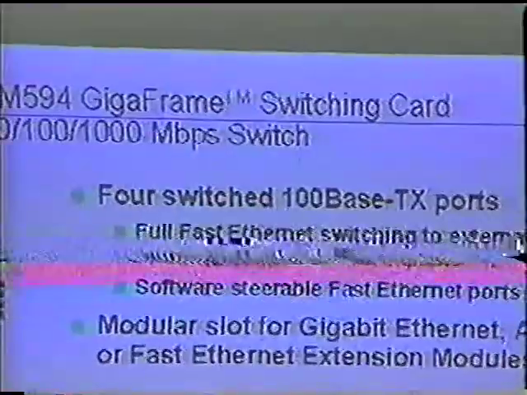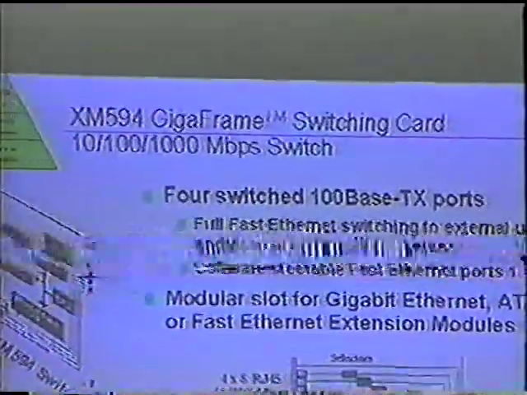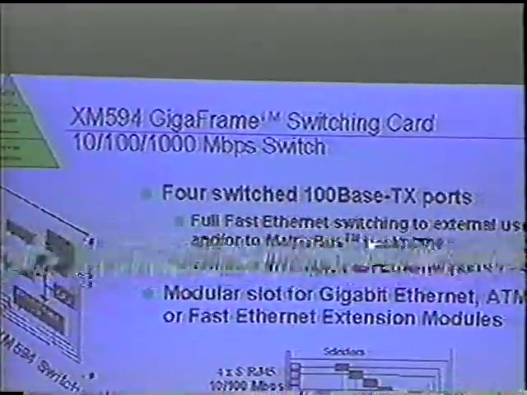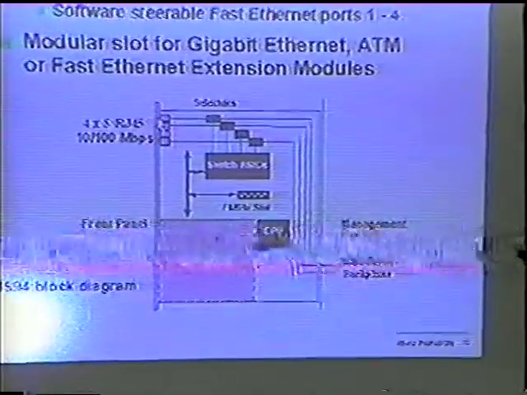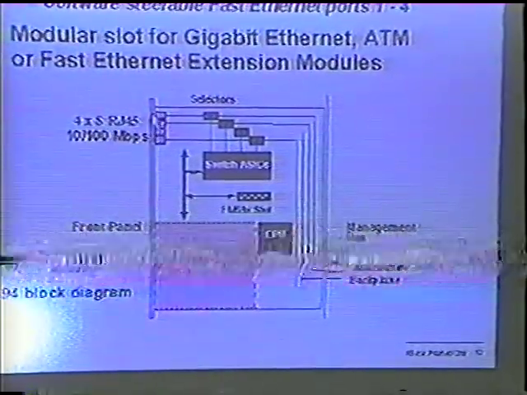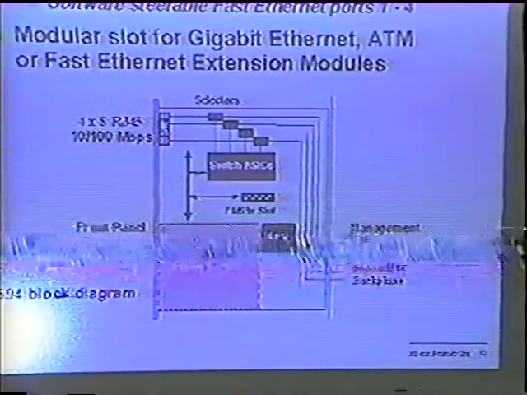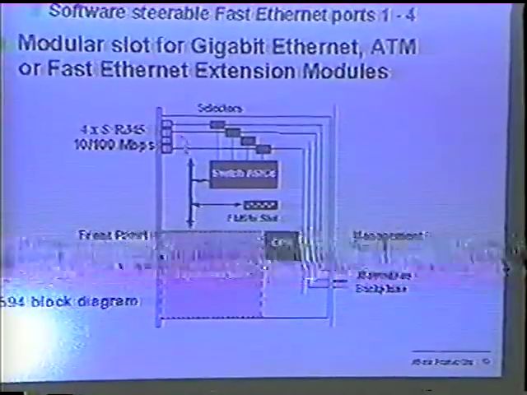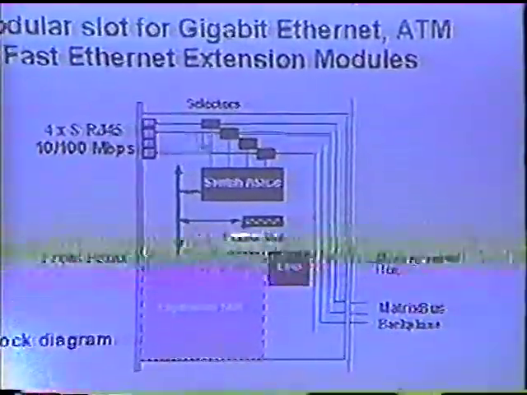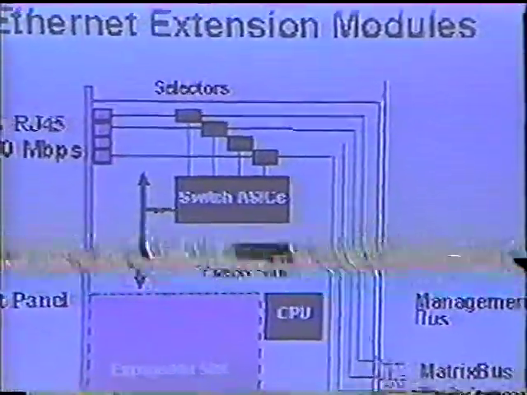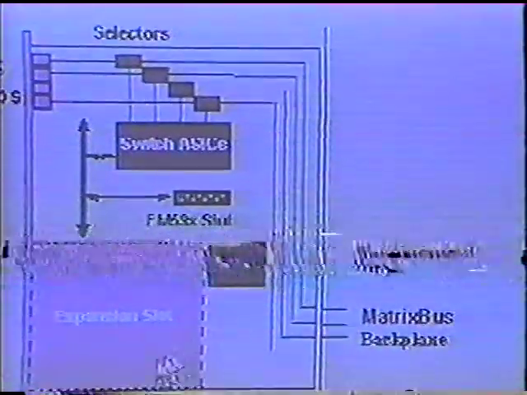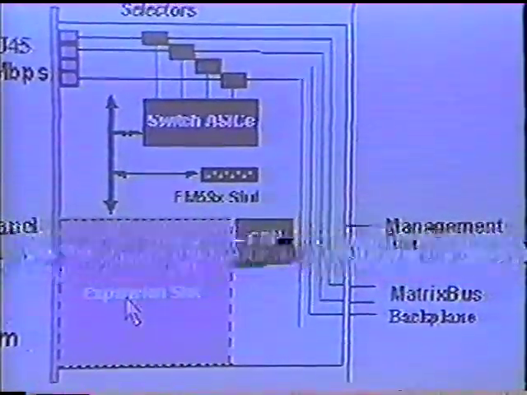Here in the following 3 slides, I show briefly the architecture of the cards. For the basic card, the 594, where we have 4 10/100 base ports, you can see that the 4 ports can be selected to go externally to the external network or internally into the matrix bus, and the space for the expansion module.